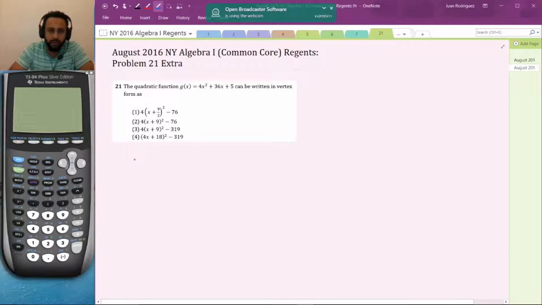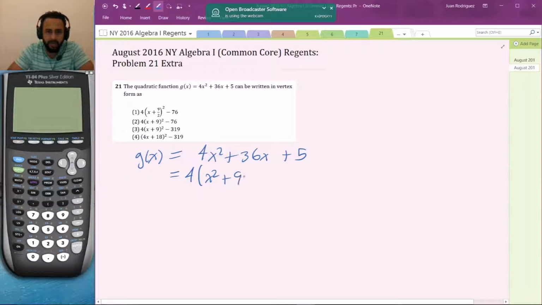So let's see. G of x is equal to 4x squared plus 36x plus 5. I'm going to factor the 4 out of this part: 4 times x squared plus 9x, 36 divided by 4 is 9 after all, plus 5.